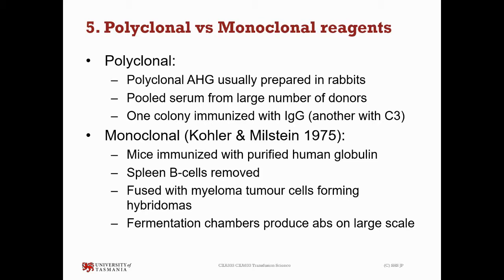Then the spleen B lymphocytes are collected from the mice, and they are fused with a myeloma tumour cell line, because we know that myelomas produce lots of immunoglobulin, don't we? And they produce a hybrid, that's the hybridoma. These hybridomas produce monoclonal antibodies, so their antibodies are exactly the same. And then these are produced on a mass scale in fermentation chambers. So the monoclonal antibodies are now becoming a lot cheaper than they were.